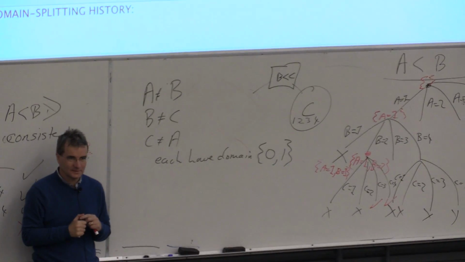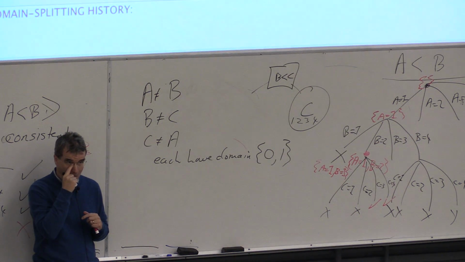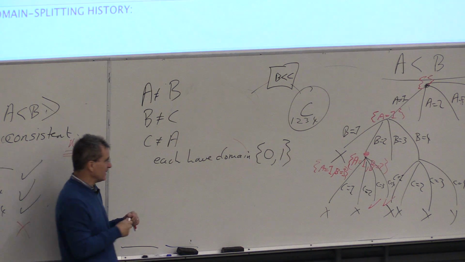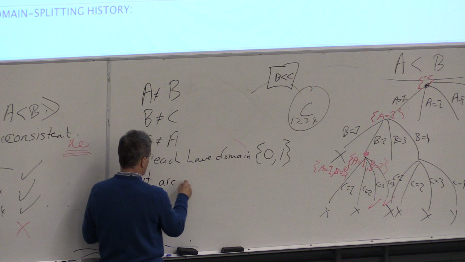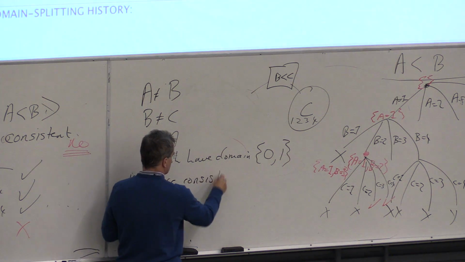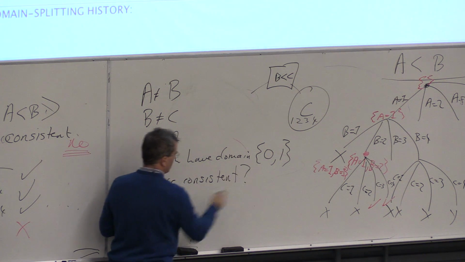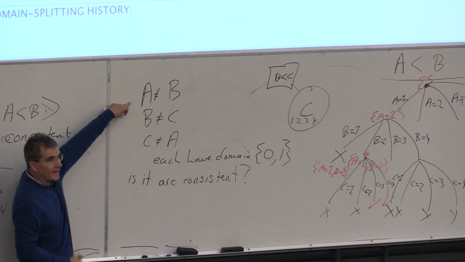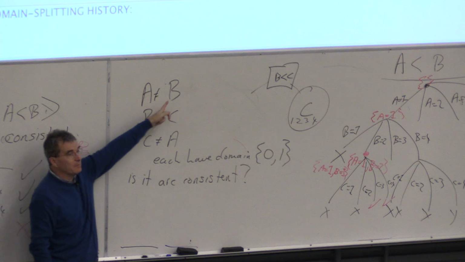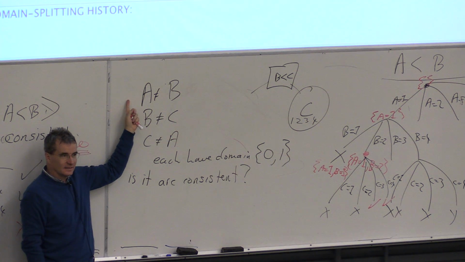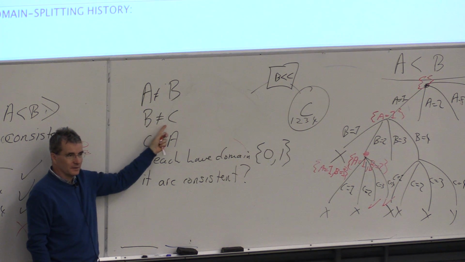Right? So is it arc consistent? For every value for A, is there a value for B where A is not equal to B? For every value for B, is there a value for A? What about this way around?